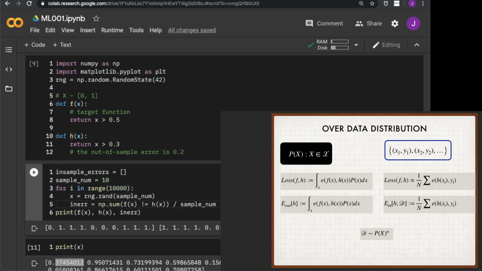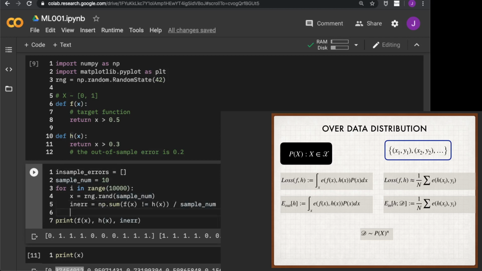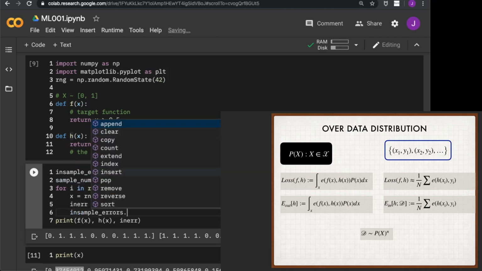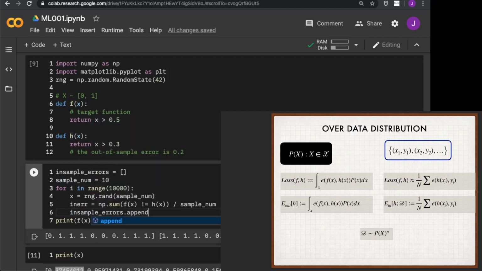For each experiment, we calculate this number and let in-sample errors record it, using the append function of a list to record this in-sample error.